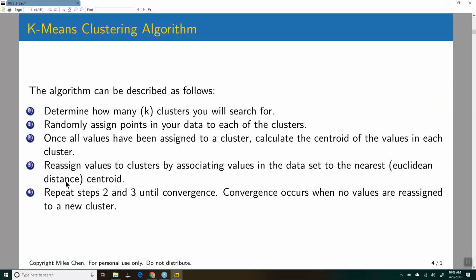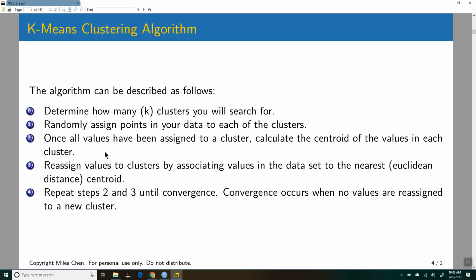As far as K-means clustering goes, you first have to start off with how many clusters you want to search for, K clusters. Then you randomly assign your points to each cluster. The next two steps are iterative.